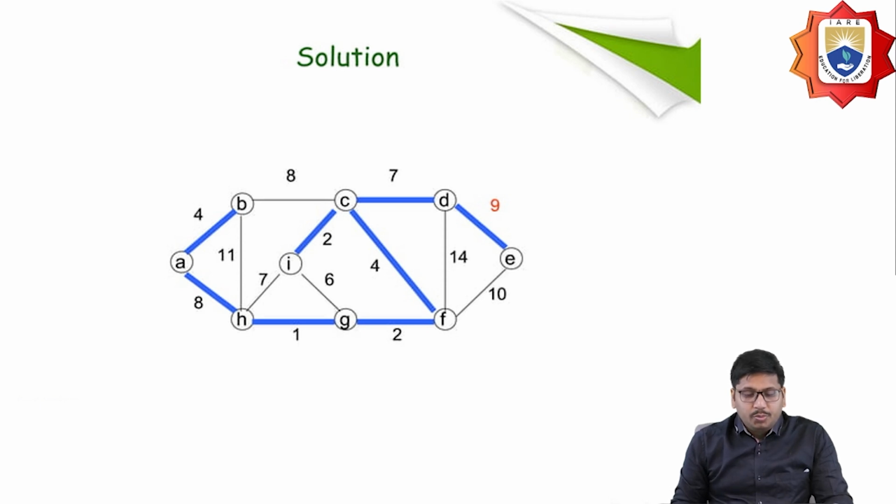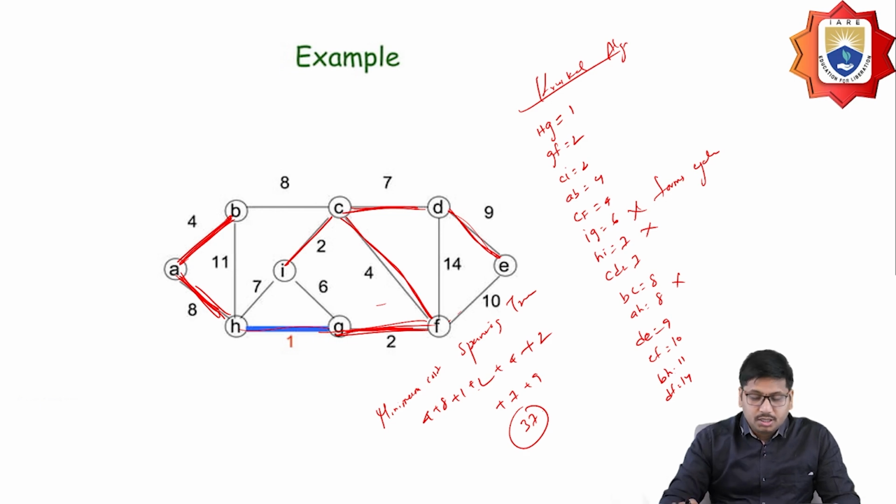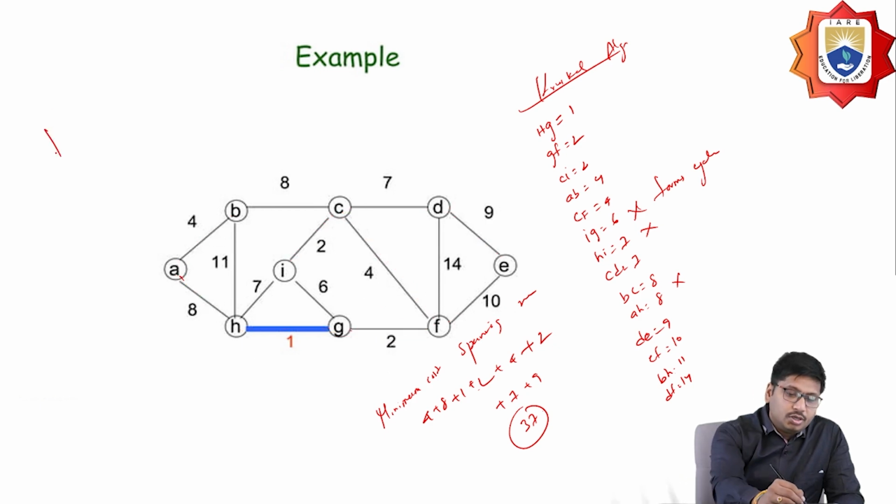So how are we going to select this according to Prim's algorithm? For this, initially we are going to have a set of edges here. So according to Prim's algorithm, initially I'm going to start from A. Okay. So AH and AB are there.